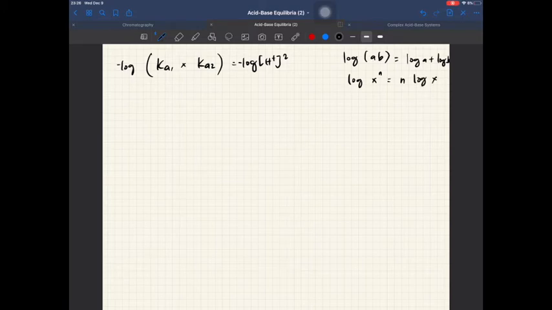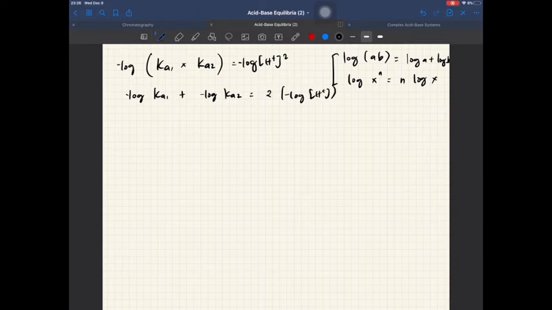So these are the rules for logarithmic functions. What we get afterwards is negative log of Ka1 plus negative log of Ka2 is equal to 2 times negative log of hydrogen ion.